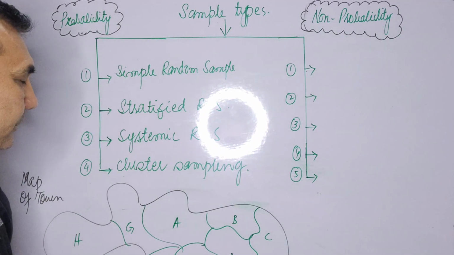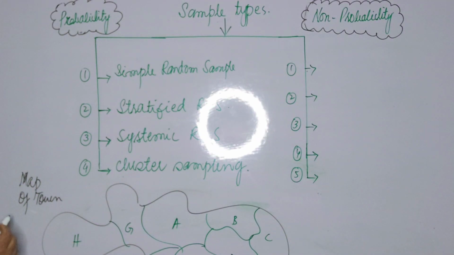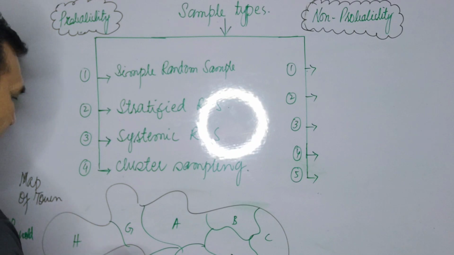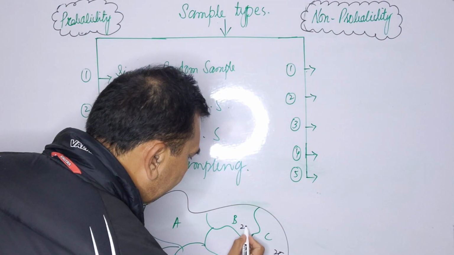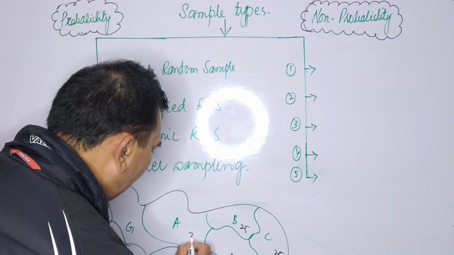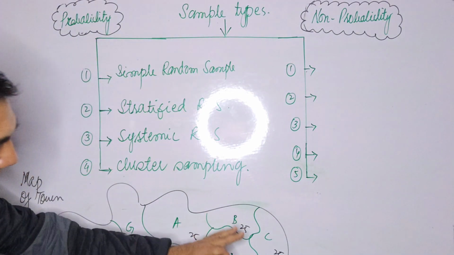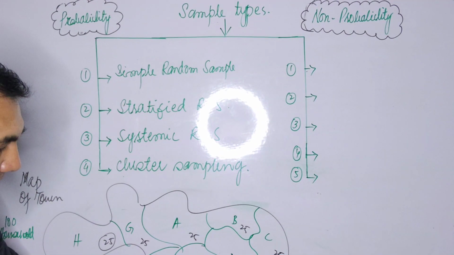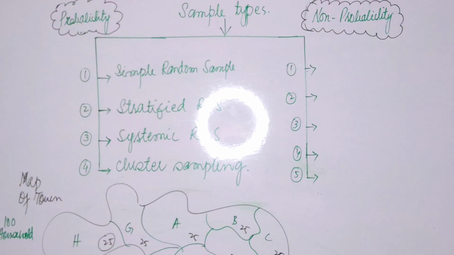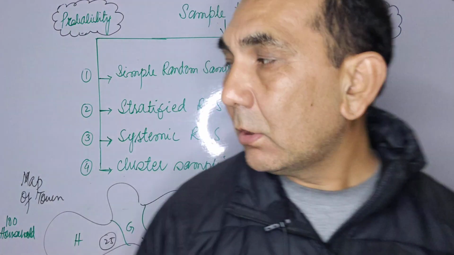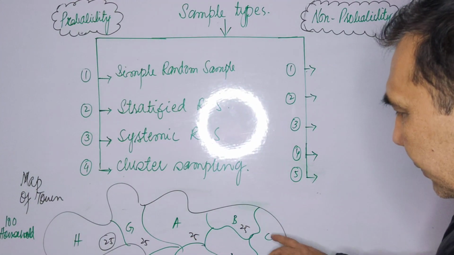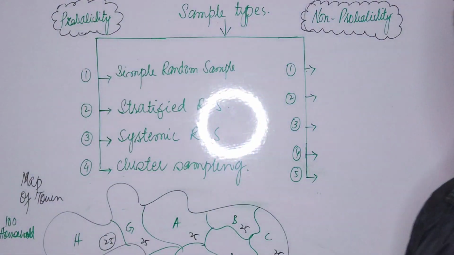And you want to select 100 households. In each block there are 25 households. Every block in this map has 25 households. Now there are 1, 2, 3, 4, 5, 6, 7, 8 blocks.